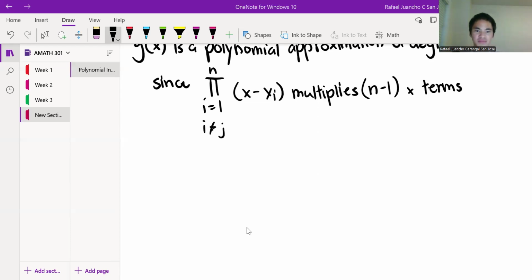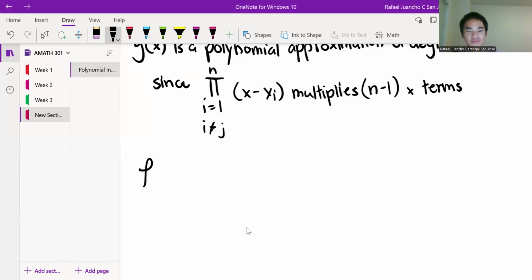So there exist multiple basis functions. There are a lot of basis functions to interpolate or to make function approximations. One of these was the Lagrange, which we just did. There's just a lot of wording here. But basically, there exist a lot of basis functions to create function approximations.